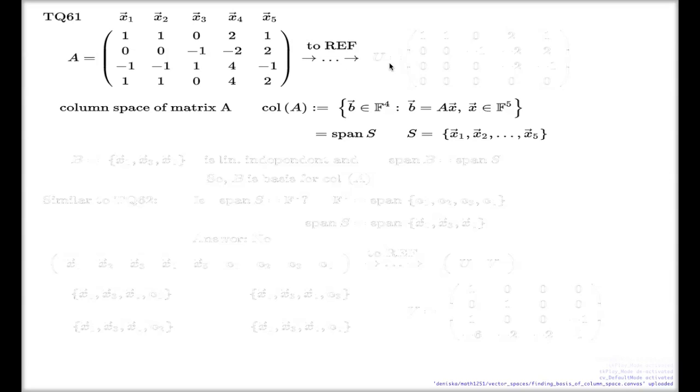It will be rather lengthy and a rather large row echelon form, but that's the last one for today, I promise. Here it is, 1, 1, 0, 2, 1, it's just the first row. 0, 0, negative 1, negative 2, and 2. 0, 0, 0, negative 2, and negative 1. And the last row is full of zeros.